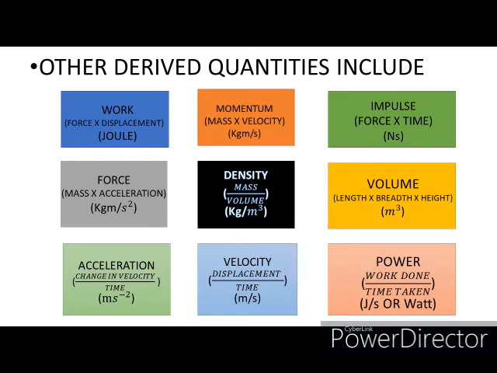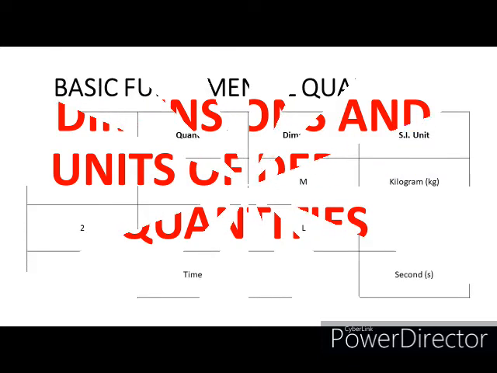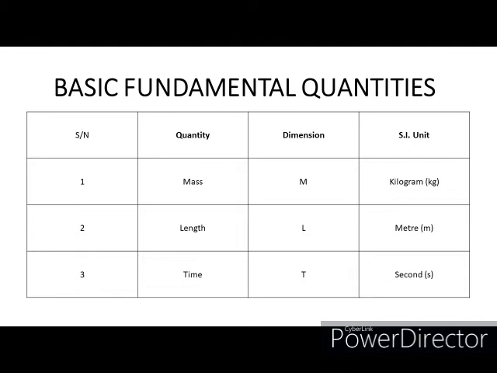Now, finally, for this class, we are going to be talking about dimensions of a physical quantity. The dimensions of a physical quantity indicate how it is made up in terms of the SI base quantities. I already mentioned to you that the base quantities are the mass, the length, and the time.